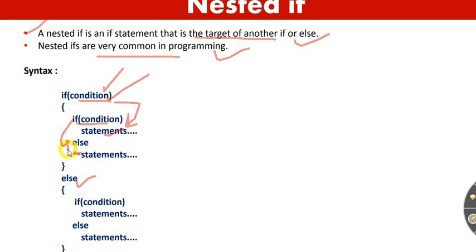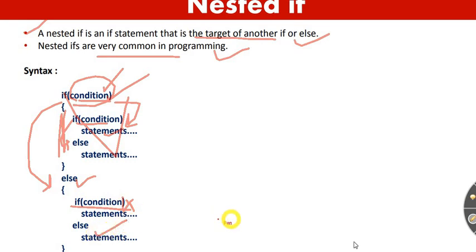If the if gets false, that means the condition starting over here is false, so it is not going to enter this block. Anything present over here will not be executed, so it directly jumps to the else block. After that it will be checking the condition. If this condition fails, then the else block will be executed. Okay, clear.